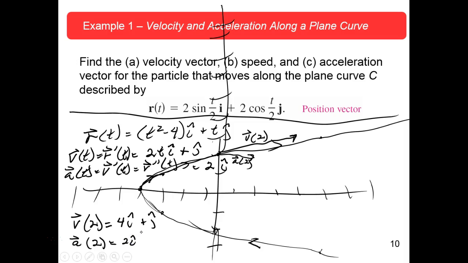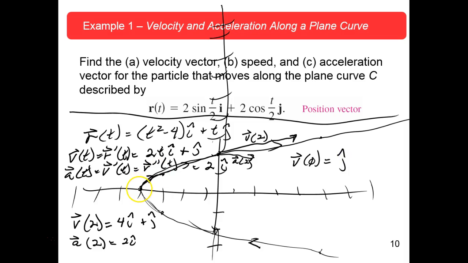All right. Now, why I didn't do this first, I don't know. What's v at 0? It's just the j, plus j, right? Okay?